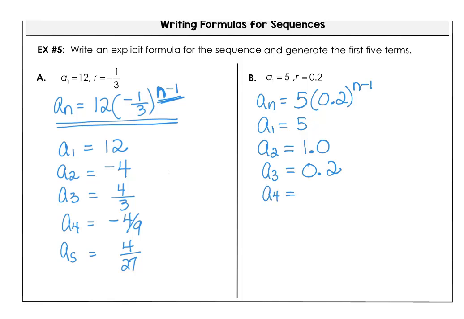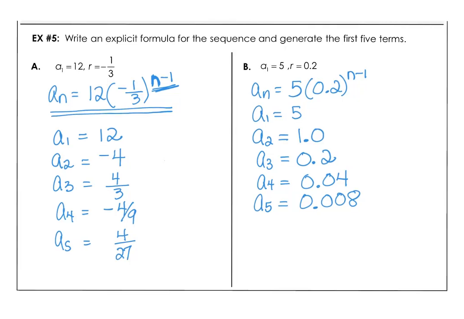A sub 4 is 4/100ths, and a sub 5 is going to be 8/1000ths. So you can do those with your calculator, and they're pretty straightforward. And that, my friends, is the end of Lesson 2 in Chapter 9.